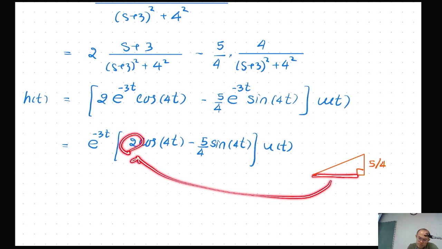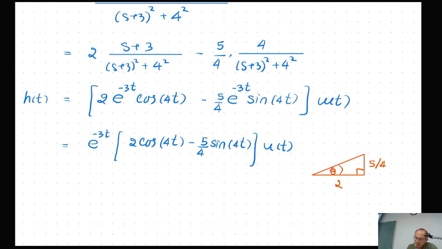So I have 2 here, and I have theta, and I can use Pythagoras again to make the hypotenuse equal to the square root of 4 plus 25 over 16. That gives 2.336.